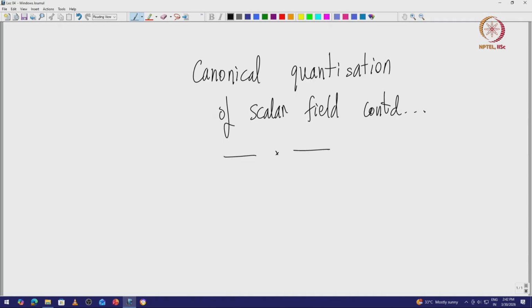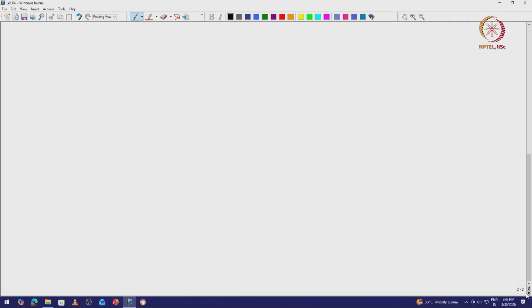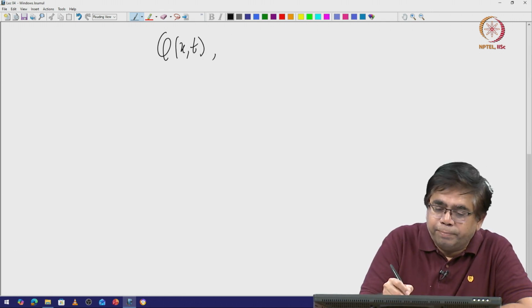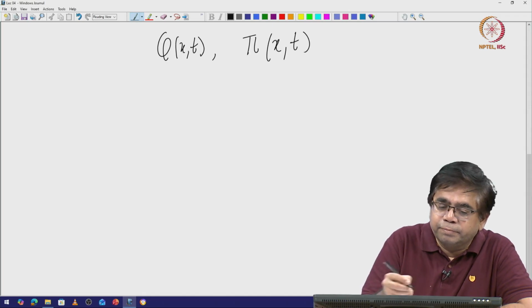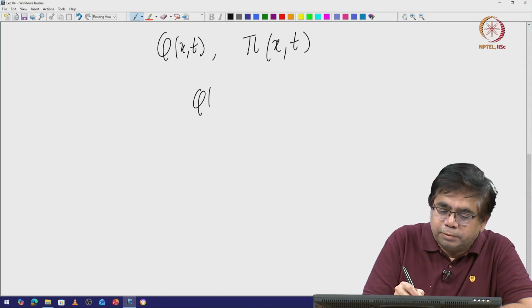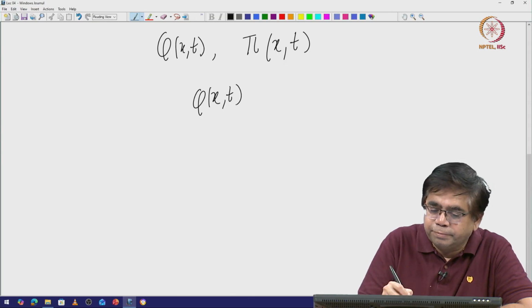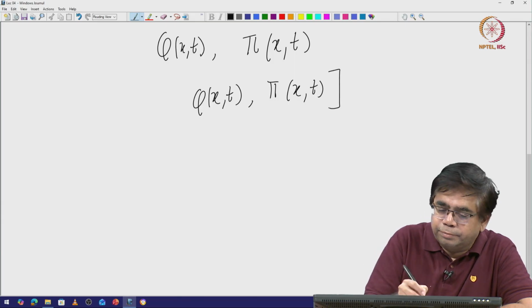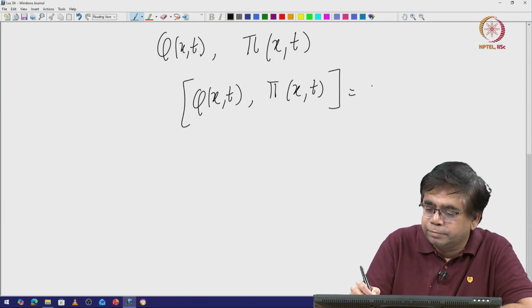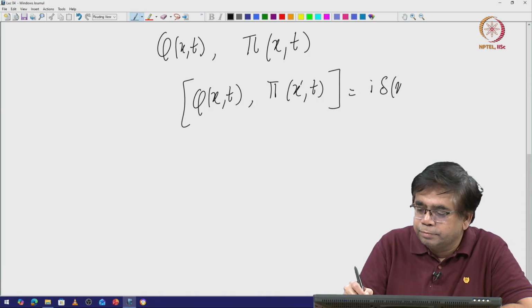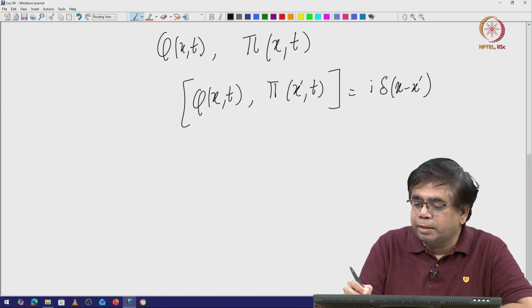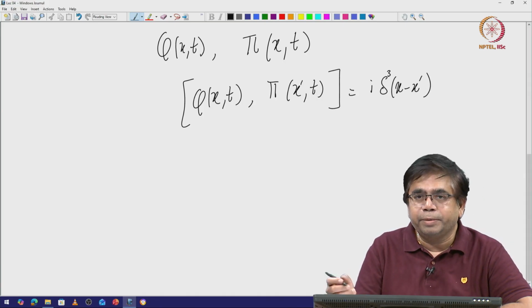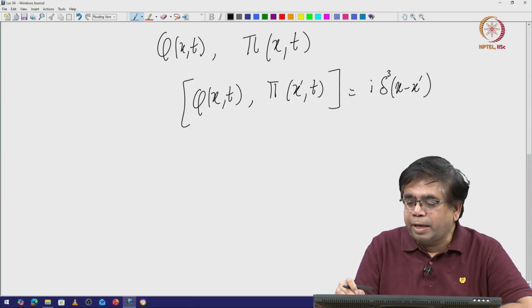To recap, our scalar field is phi of x, t, and our canonical conjugate momentum is pi of x, t, and the quantization conditions are given by this. Essentially, delta cubed is for x, y and z.